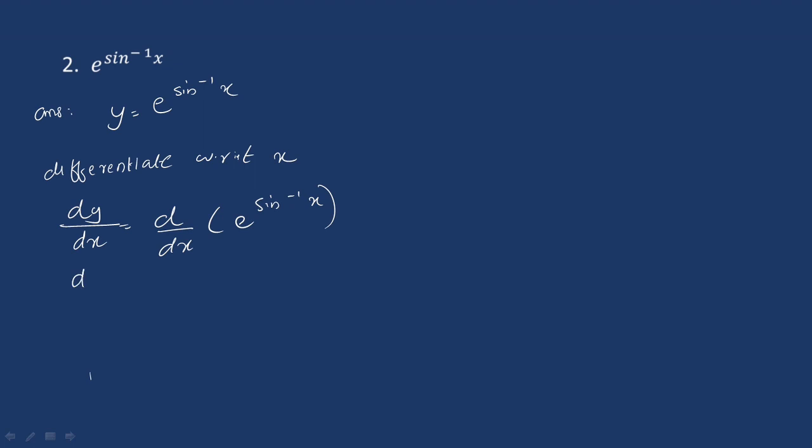This is of the form e raised to x, and d by dx of e raised to x is e raised to x itself. So d by dx of e raised to sin inverse of x is equal to e raised to sin inverse of x into d by dx of sin inverse of x. Instead of x, we have sin inverse of x.